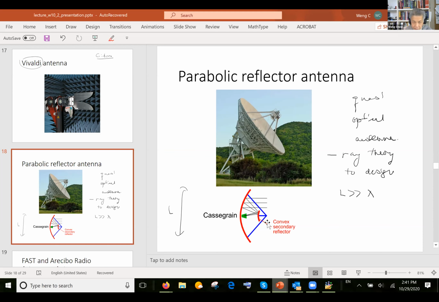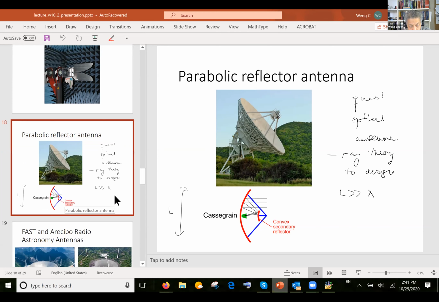So if you shoot electromagnetic energy out from this horn antenna over here, you will reach this secondary reflector, which is convex. You bounce the electromagnetic energy off and fill in the reflector antenna in that manner, and it sends a beam that is collimated out, and that will give rise to the radiation of this antenna.